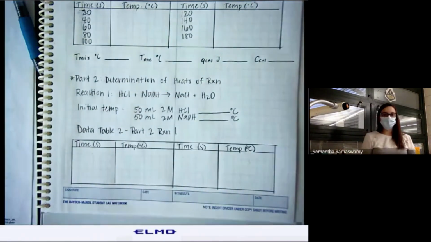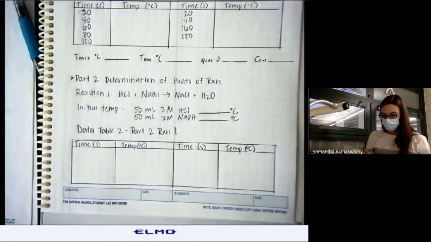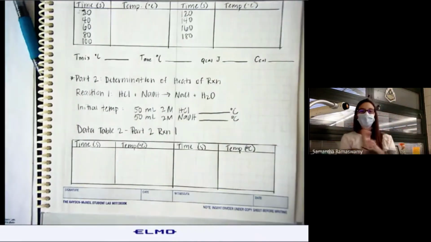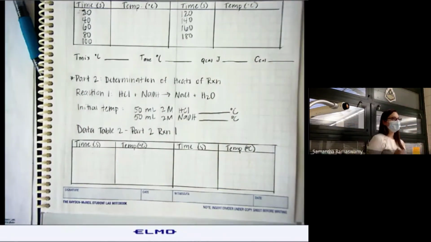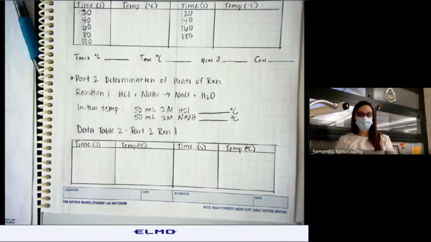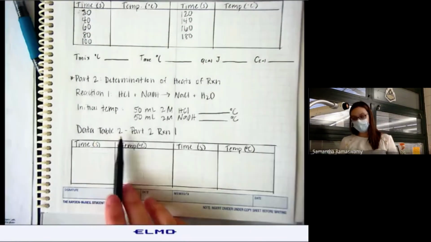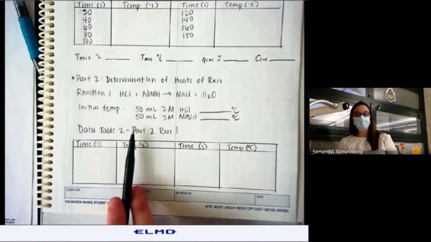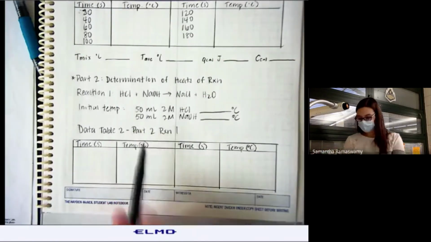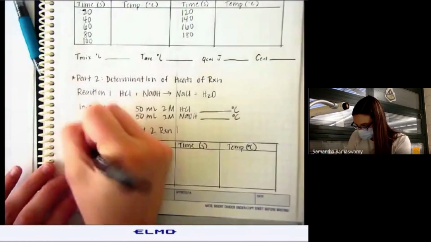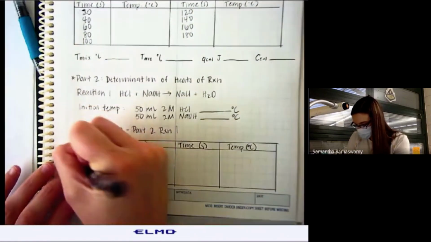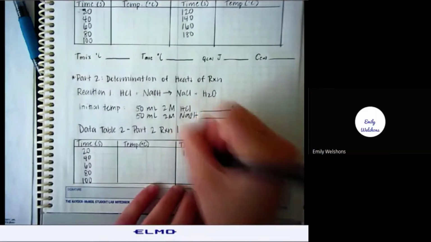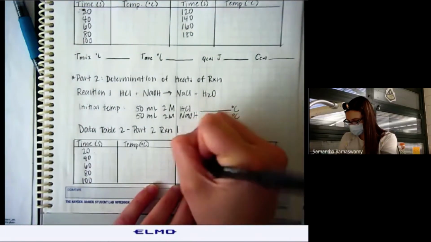All right, so then that's our second data table. And then you're going to do the same thing for reaction 2 and reaction 3. The only difference is that you'll have data table 3, part 2, reaction 2, and data table 4, part 2, reaction 3. So 20, 40, 60, 80, 100, 120, 140, 160, 180.